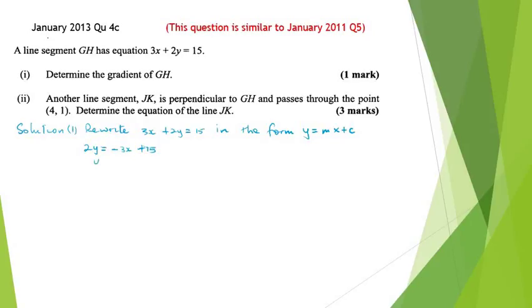Making y alone the subject, I have to divide everything by 2 now. Each term I divide by 2 to get rid of that 2 in front of the y.